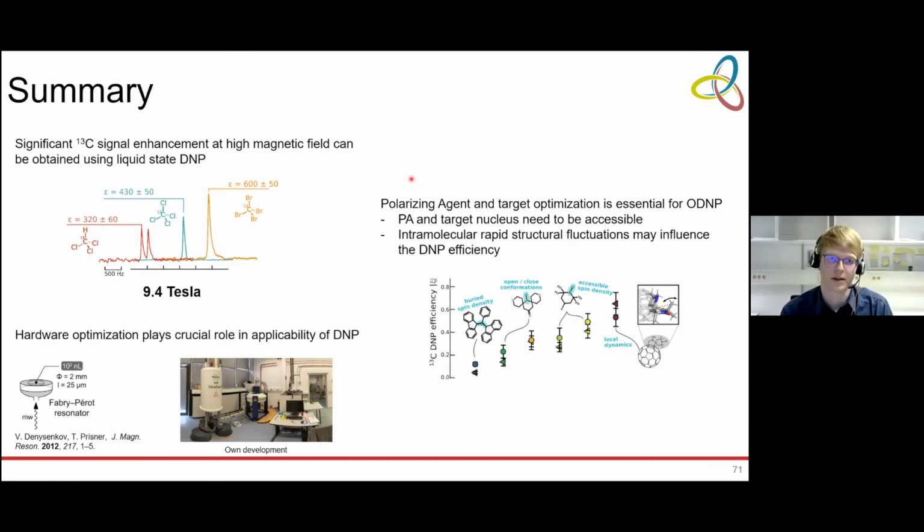So if we want to design an optimized polarizing agent, and then we can finally also improve the hardware, which is already good, but we need to go further to actually make DNP really better at high fields in liquids.